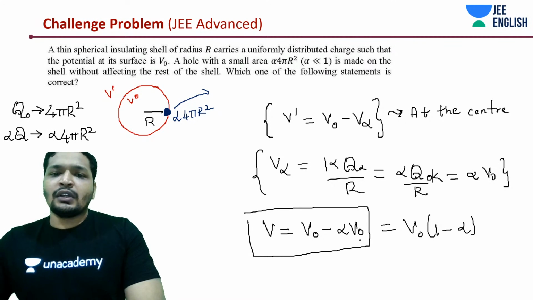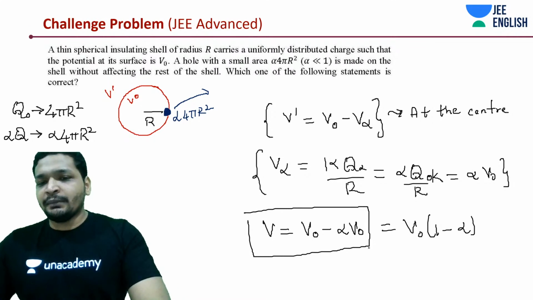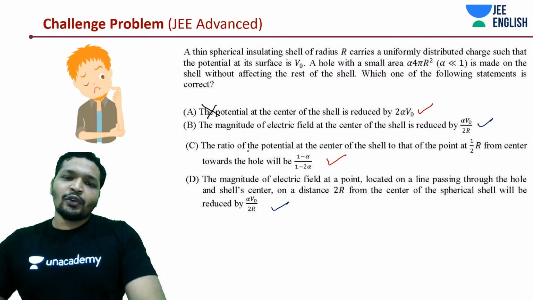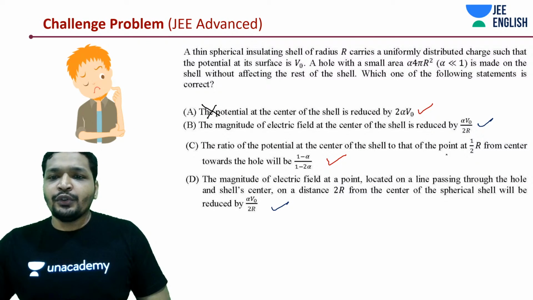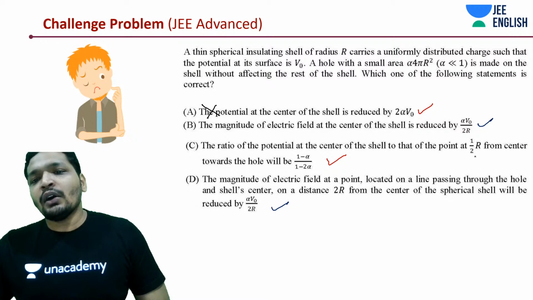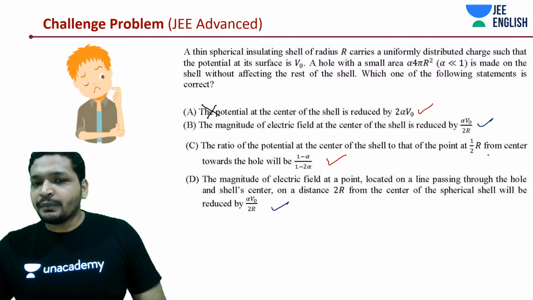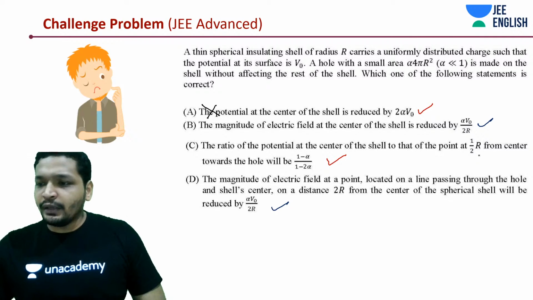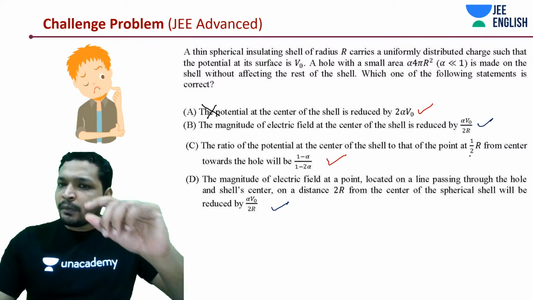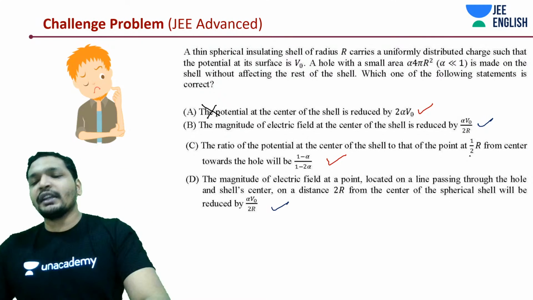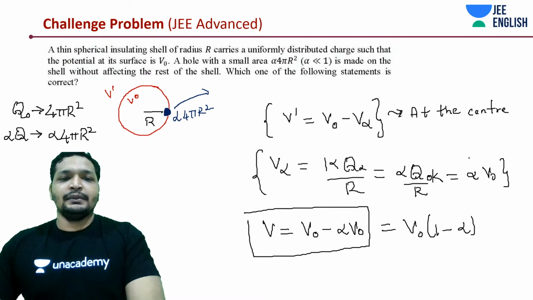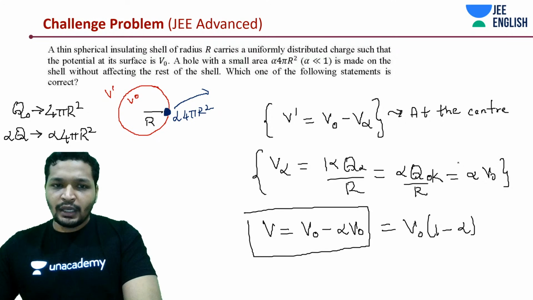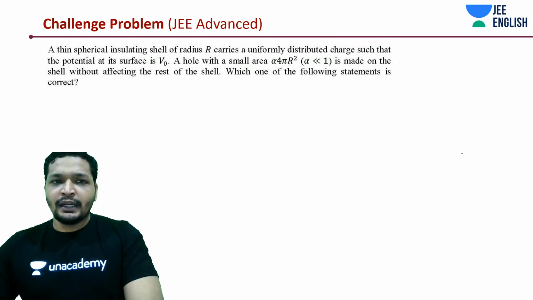Now you need to derive for 1 by 2 r from the center. You have to go by the options, there is no other way, right? Only that small part that you remove, the dent that you have created, is going to impact it.